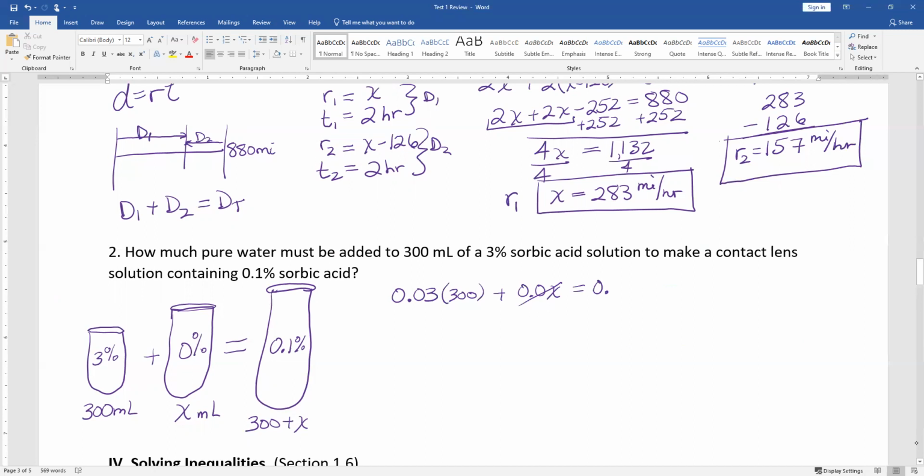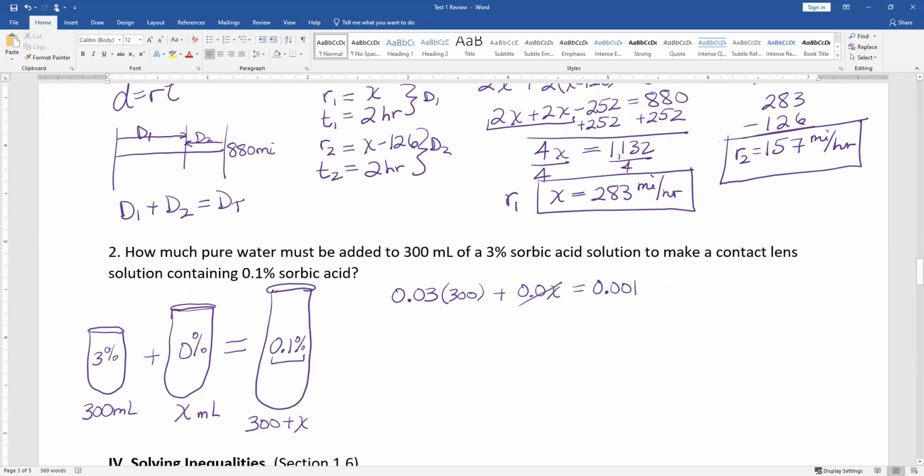So how would we write 0.1% as a decimal? It is 0.1%. So how do we write that as a decimal? Yes, the 1 right now is in the tenths place. We need to put it in the thousandths place.